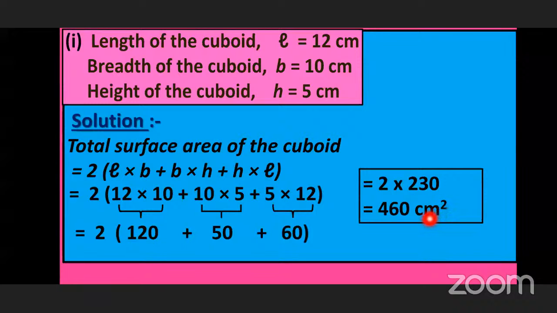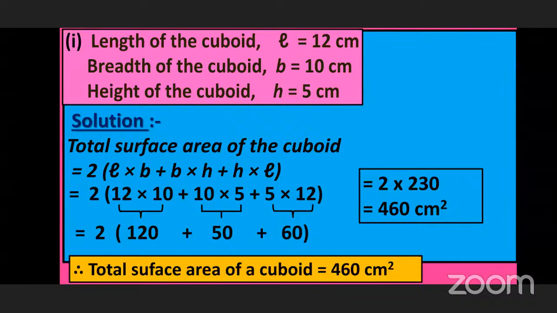So whatever units are there, centimeter, meter, inch, feet, we have to write square of that unit. Okay. So the total surface area of a cuboid with length 12, breadth 10 and height 5 centimeter is 460 square centimeter. Okay, children, I hope you understood this sum, how we have to find out the total surface area of the cuboid.